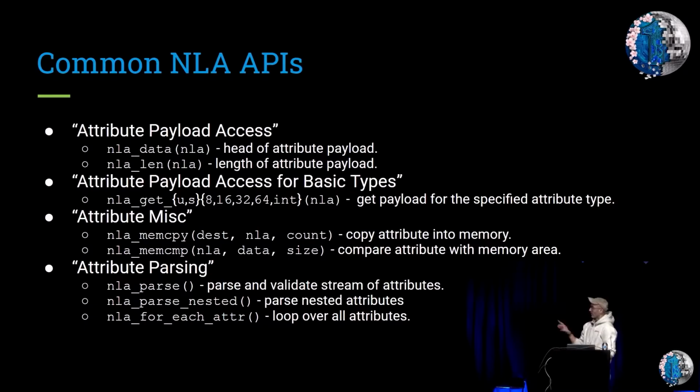There's another important caveat here between nla_parse and nla_for_each_attr, and that is, nla_parse returns you a dictionary, which means if you send it a buffer payload that has multiple attributes of the same type, like foo, bar, foo, only the last foo will be put in there, right?